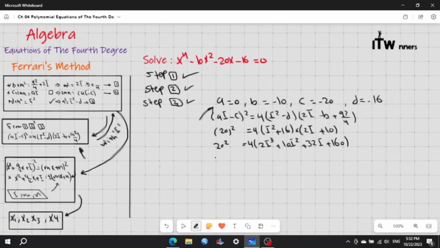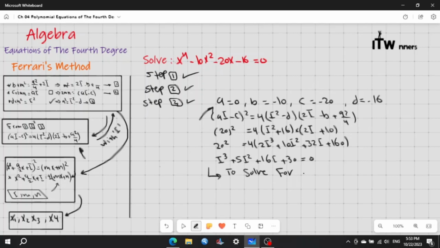So just add the same coefficients of I to obtain I cubed plus 5I squared plus 16I plus 30 equal to 0.